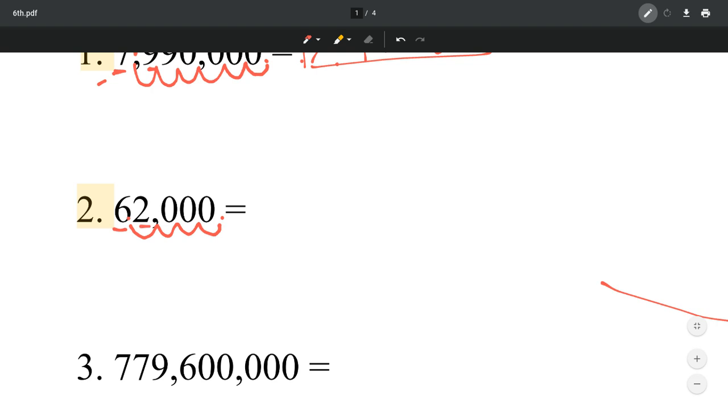So we do 6.2 multiplied by 10 to the 4th power. Why? Because we moved 4 times to the left. So that's it.